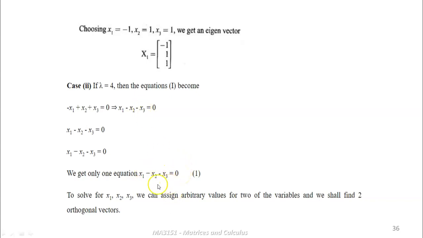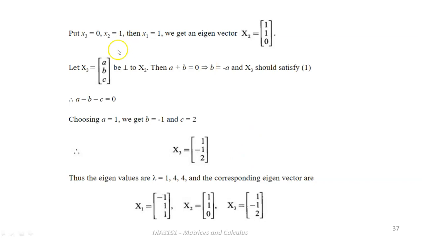For solving this equation, you have to assume any one variable equal to 0. You have to assume the third variable x3 equal to 0. Therefore, x2 value becomes 1, x1 value becomes 1. Therefore, the second vector is formed as 1 1 0.